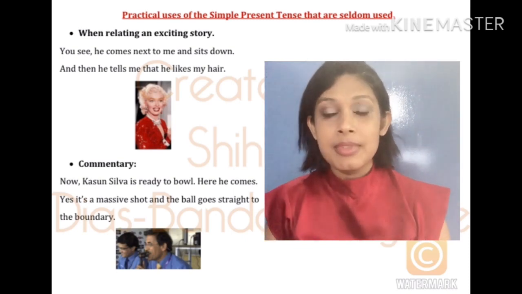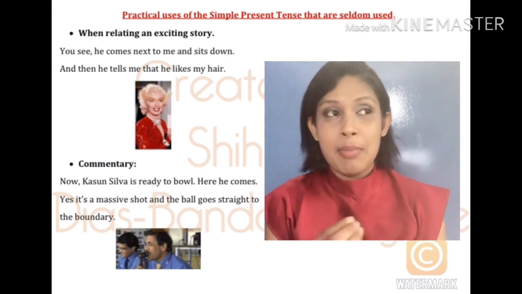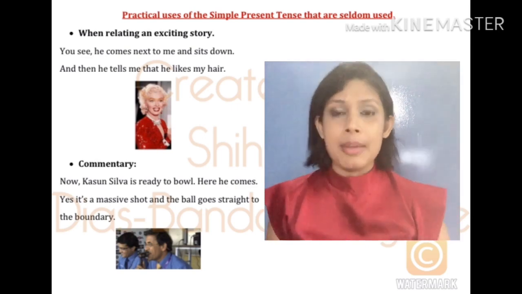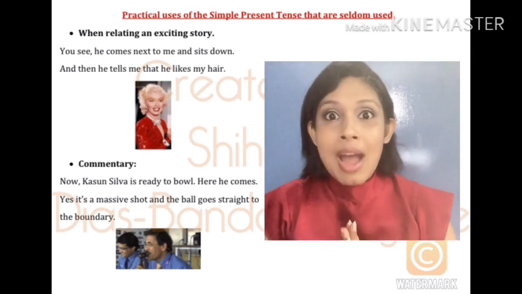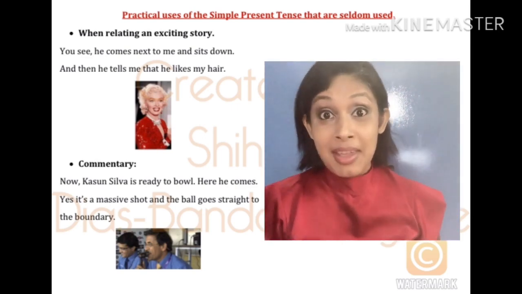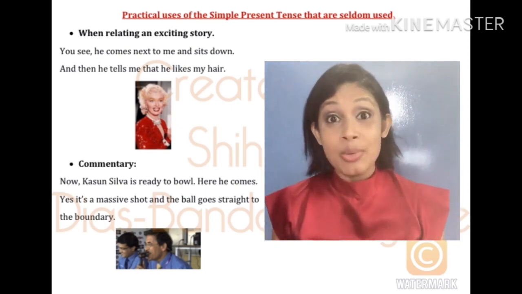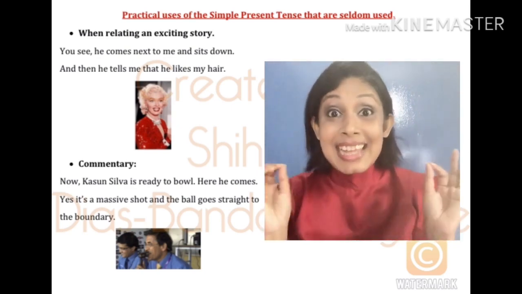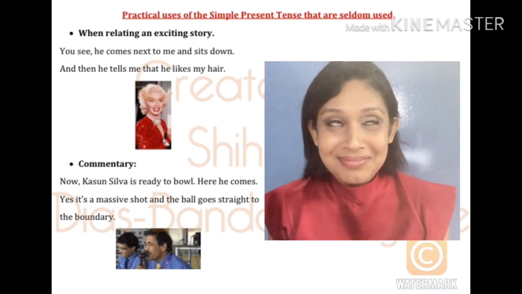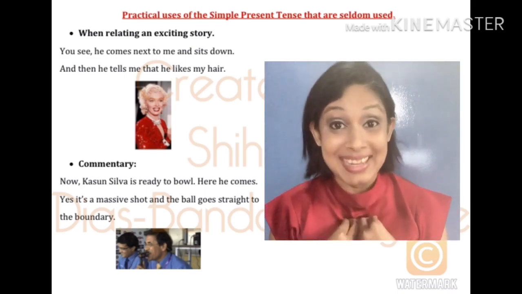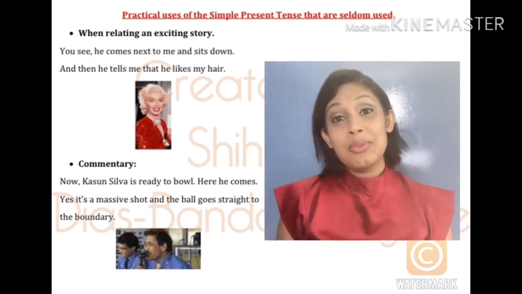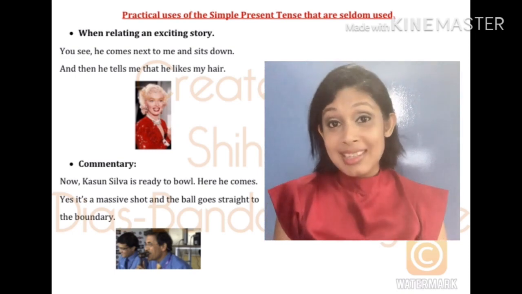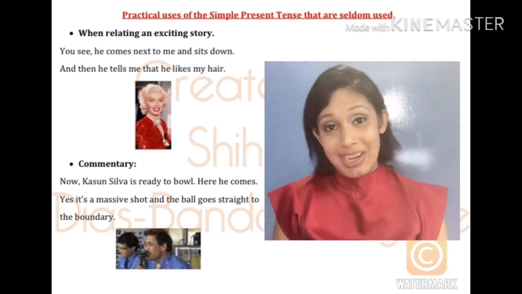For example, you tell your friend about somebody. Okay, so you say, you know what? He comes near me and then he sits down and he says that he likes my hair. Now you're really excited, and then you tend to use the simple present tense to relate that story.